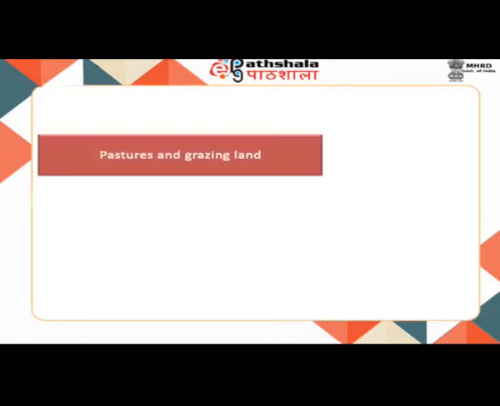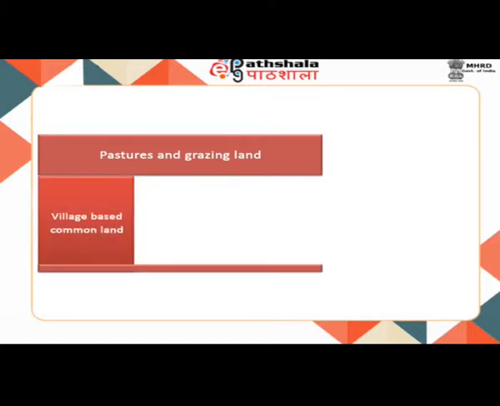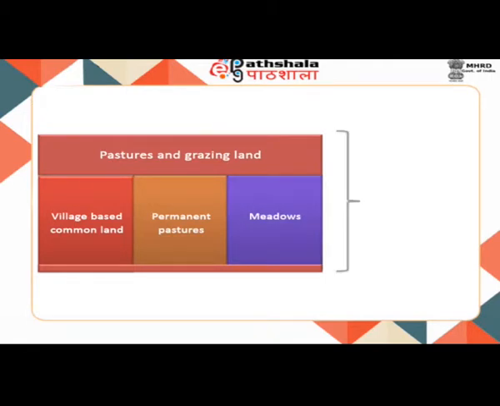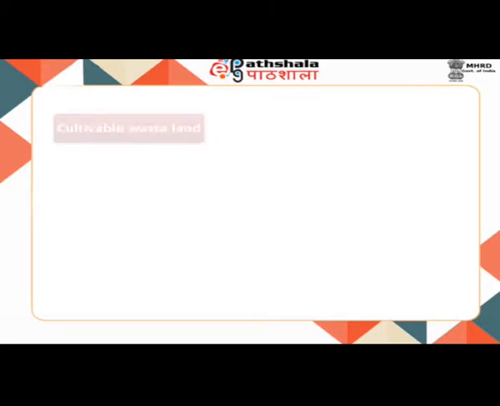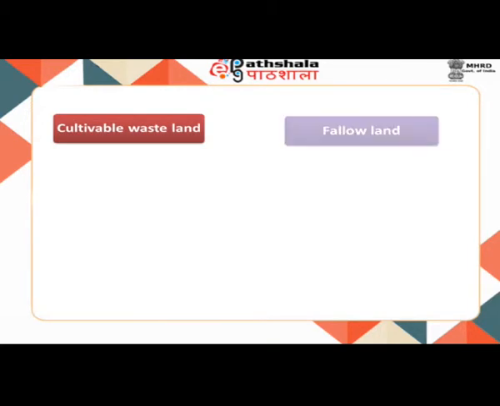Pastures and grazing land. These include village-based common land, permanent pastures and meadows, and occupy around 3% or 1 crore hectare of the total area. Cultivable wasteland and fallow land.